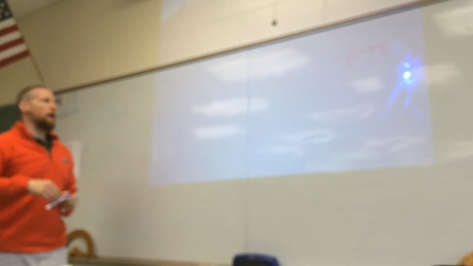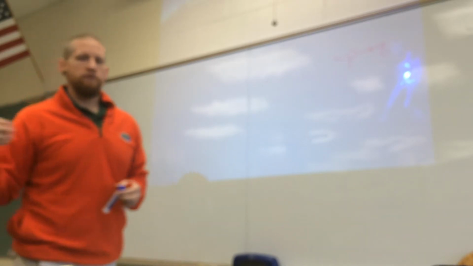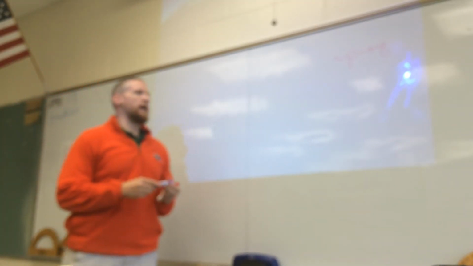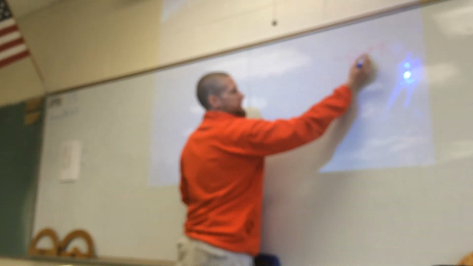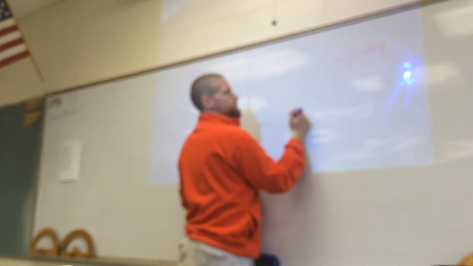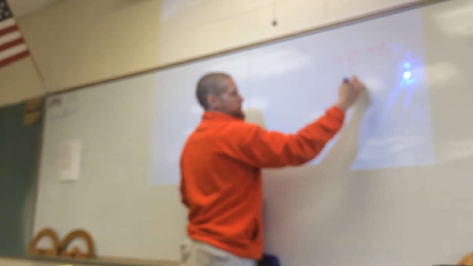There are 4 main symbols that you need to know to write all these statements out. They're going to be things like this. There's going to be another one that's this way and another one that's that way.